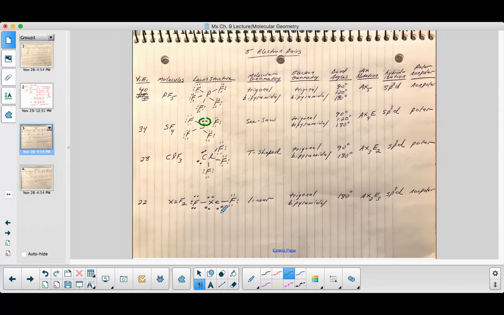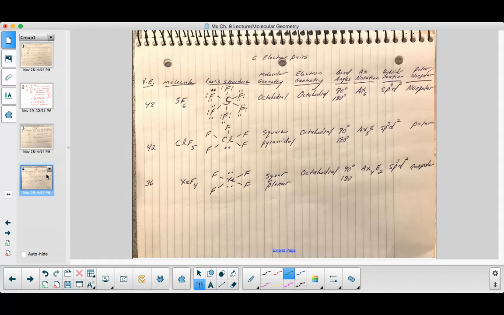Even though there are these unshared pairs, everything is spread out equally. Some of these you can see nicely in the tables in your textbook that show them in 2 dimensions, which is a lot more clear in terms of trying to identify the symmetry of the molecule.